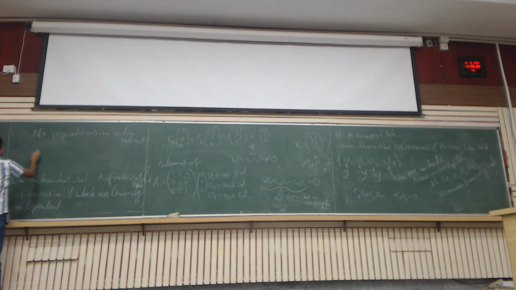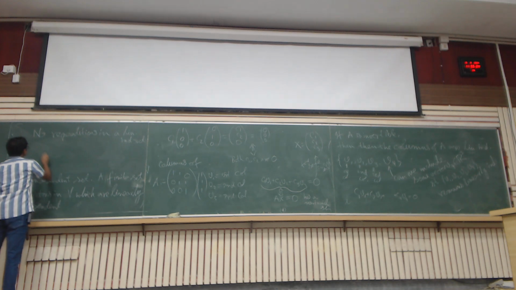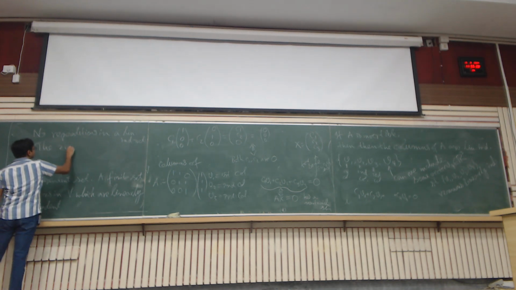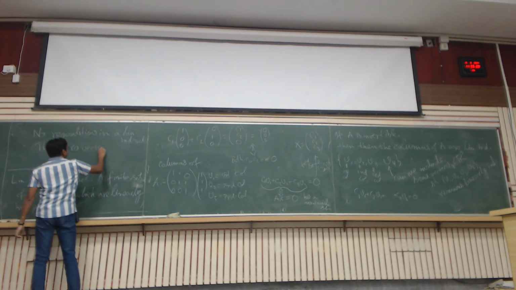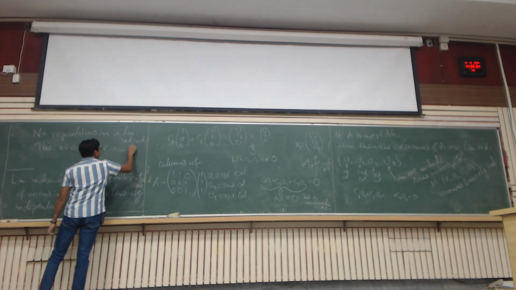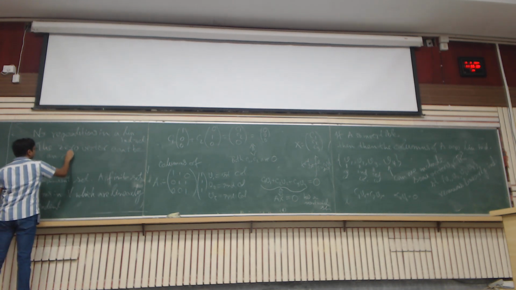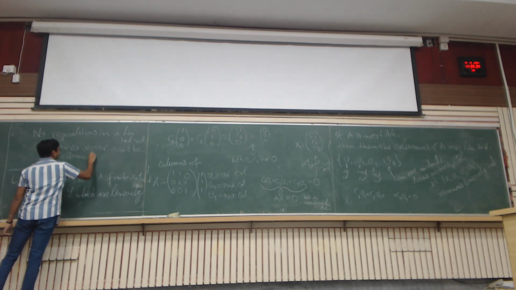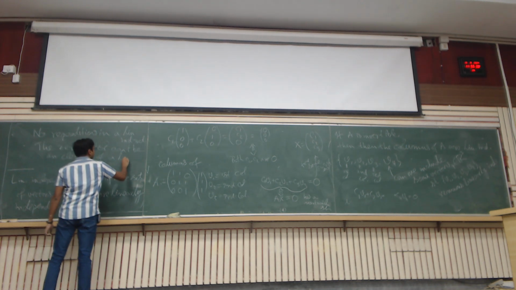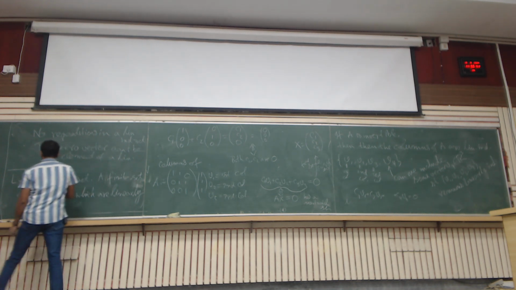Second, the zero vector cannot be an element of a linearly independent set.